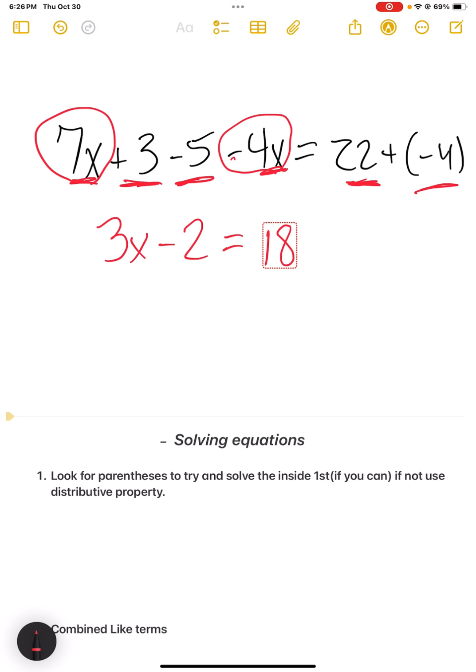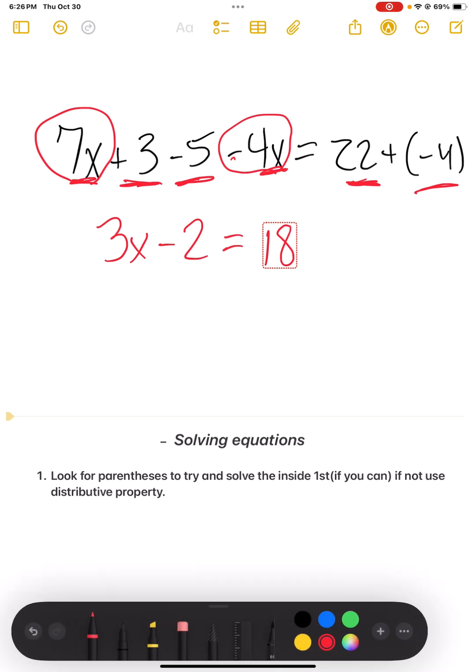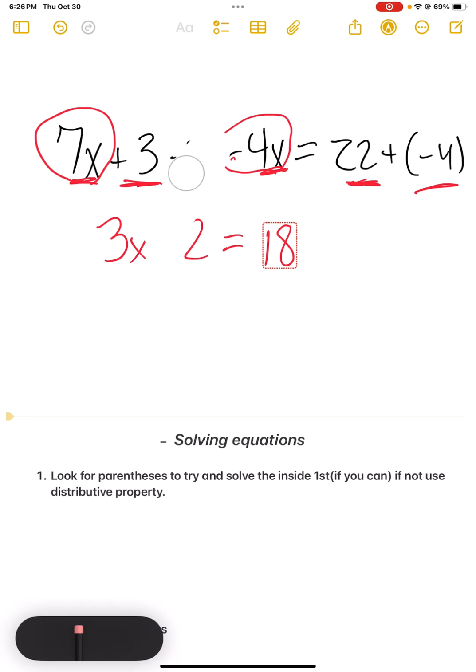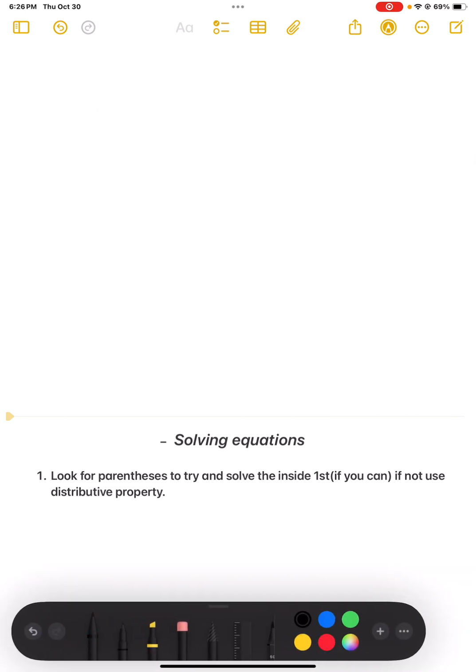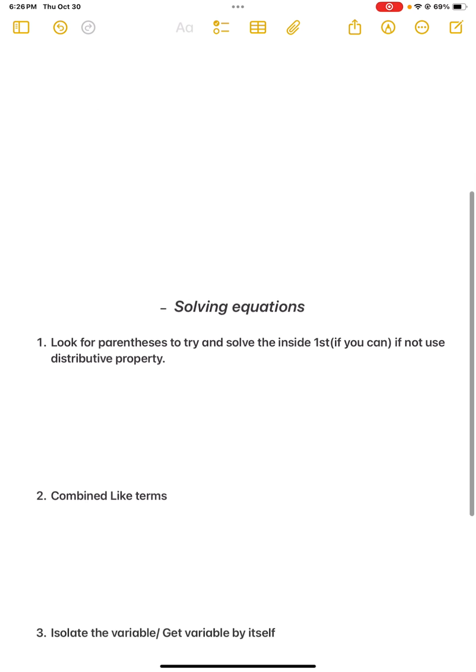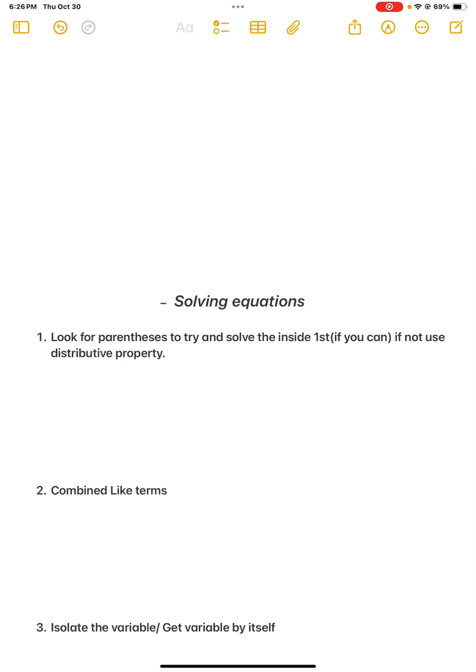Okay. And then finally, our last step, the step that gets us our meat and potatoes and what we've been looking for, is step 3, which is known as isolating the variable, or getting the variable by itself.